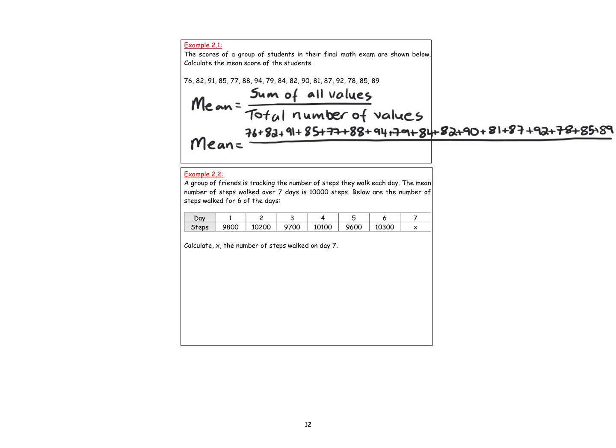To get the total number of values, we just count them: 1, 2, 3, 4, 5, 6, 7, 8, 9, 10, 11, 12, 13, 14, 15, 16, 17. So divided by 17.